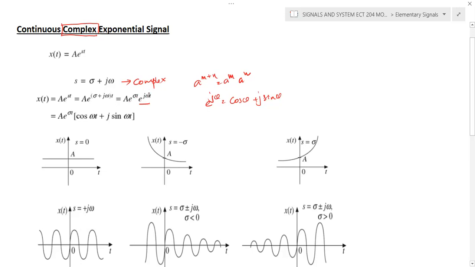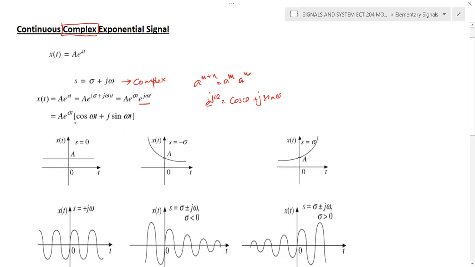If there is an imaginary term in the power, you can write it using Euler's formula: a e raised to sigma t into cos omega t plus j sin omega t. So the signal contains a sinusoidal behavior plus an exponential behavior. E raised to sigma t is a real-time exponential signal, and the remaining part contains the sinusoidal factor. So we will get different signals.